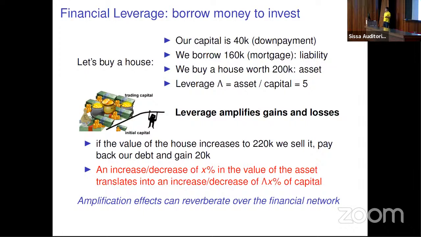Since the house costs 200,000 euros, we need to borrow money. So we borrow 160,000 euros. This is our debt. We buy the house, so now we have an asset worth 200,000 euros, and we have generated leverage, because from our initial capital of 40k we now have an asset worth 200k. So we have a leverage of 5.